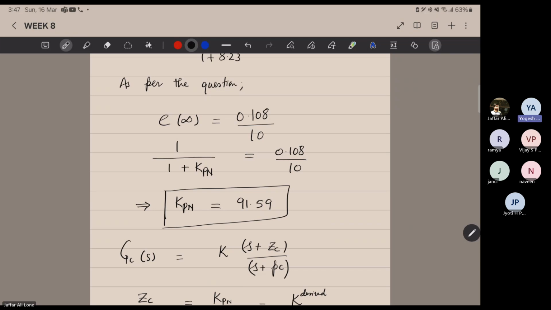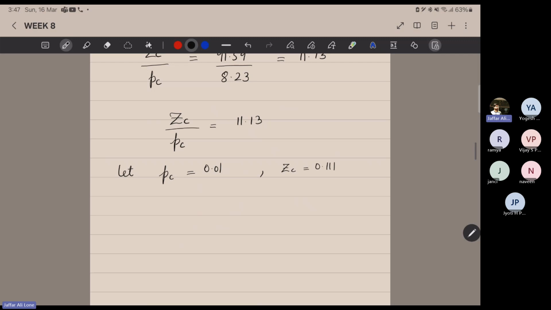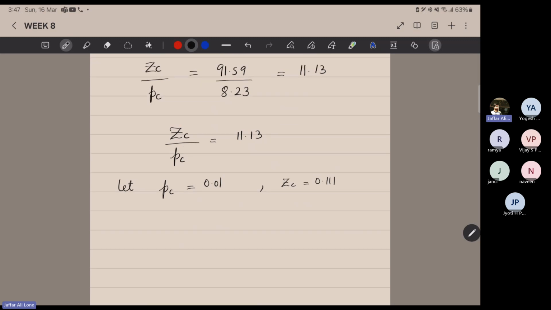Okay, sir. So what I was saying, if you take PC as 0.01, then given that ZC over PC is 11.13, you should get ZC as 0.111. Similarly, if you take PC as 0.001, then ZC will be 0.011.